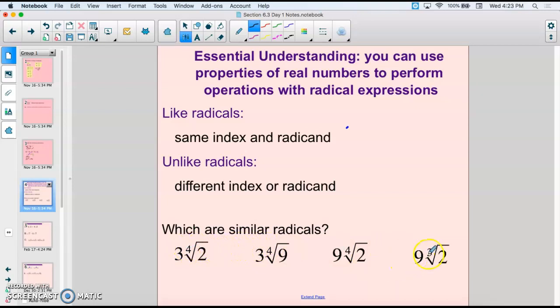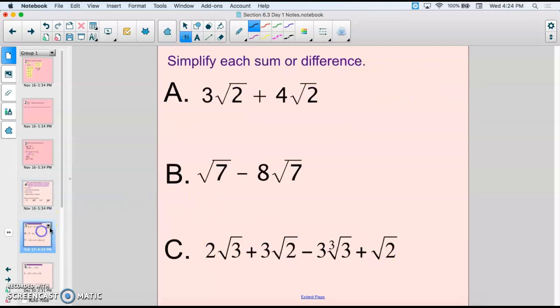Well, that eliminates this one because that doesn't have the same index. Now we also need the same radicand. Remember, the radicand is the big number inside of the radical. Well, the 9 is different than the 2's, and so that one gets eliminated, right? So if we were to combine these, well, I guess we don't have an operation, but these are like radicals.